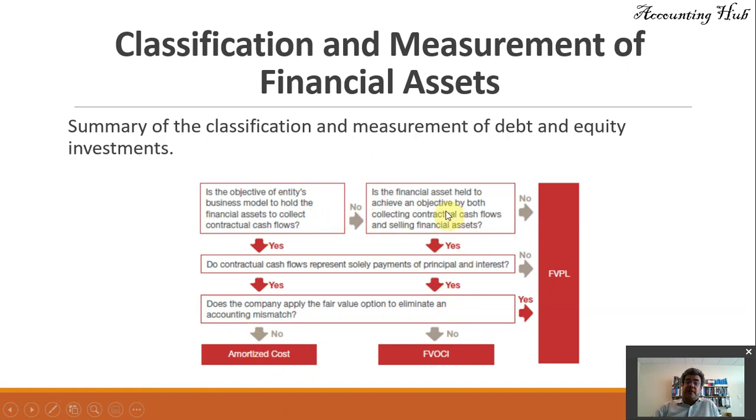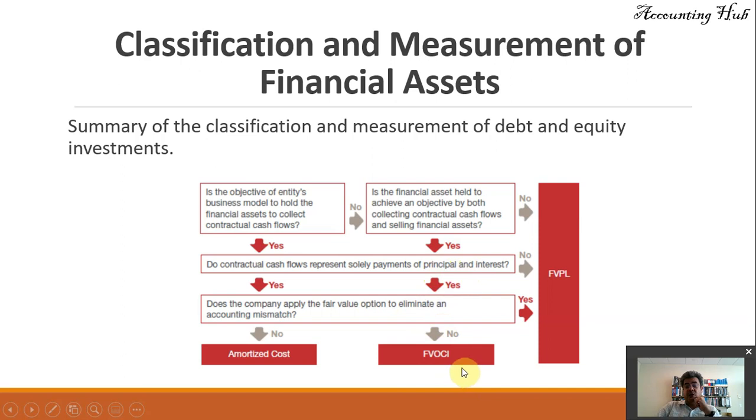Or the financial asset is held to achieve an objective by both collecting contractual cash flows and selling. If yes, okay, I will collect the interest, but I will sell it soon. So do contractual cash flows represent solely payments of principal and interest, like bonds? That is our topic. Yes. Does the company apply the fair value option? No. So we don't apply it.